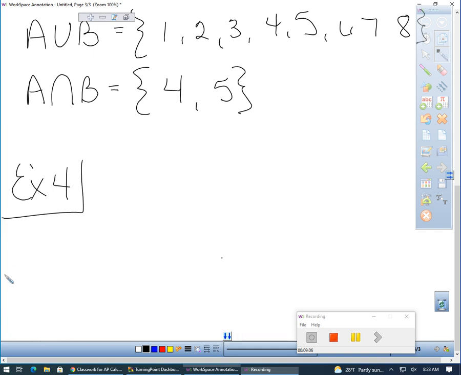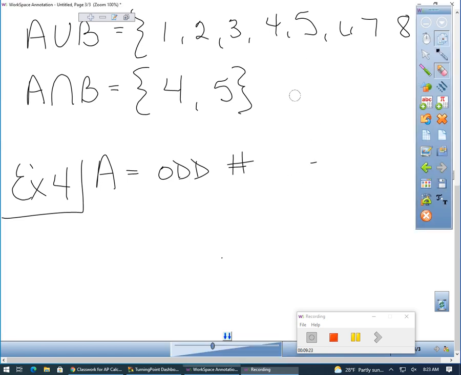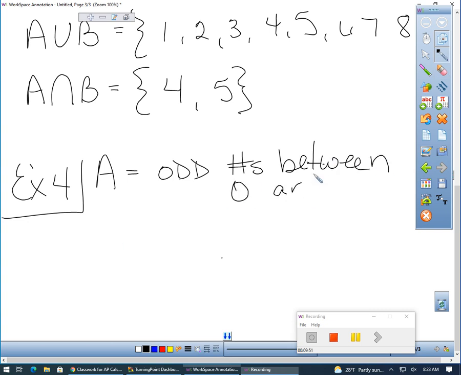Let's say A equals odd numbers between 0 and 10.